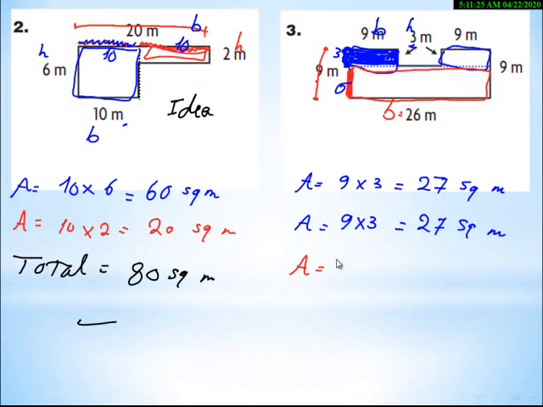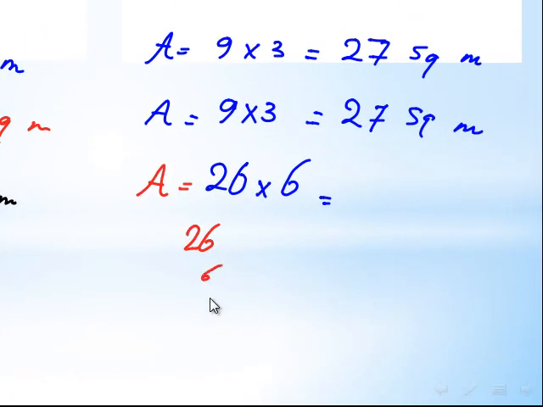Its base is 26, multiply by its height, which is 6. Then you will find the answer. Do it step by step. 26 by 6. 6 by 6, 36. 6 and we carry 3. And 6 by 2, 12 plus 3 equals 15. So the final answer is 156.